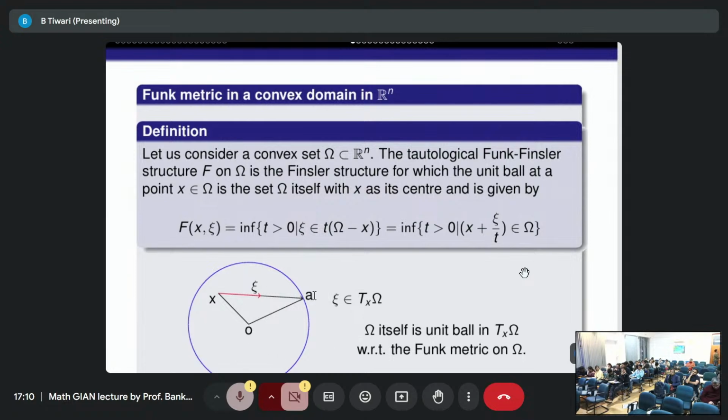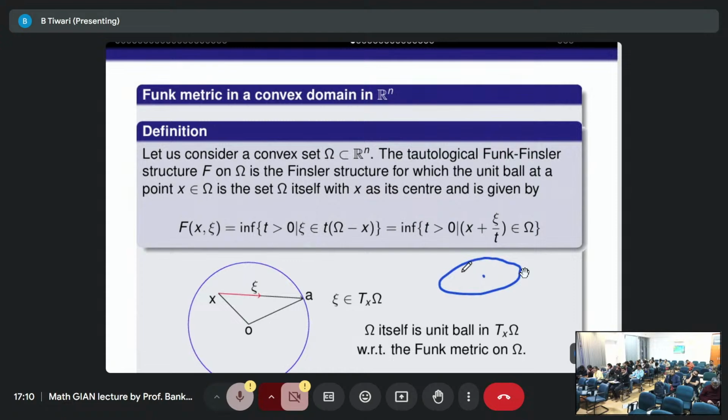It may not look like this, so maybe I can draw some picture here. Suppose this is my convex set and take a point here, and I'm declaring that this is my unit ball in the tangent space of this point.